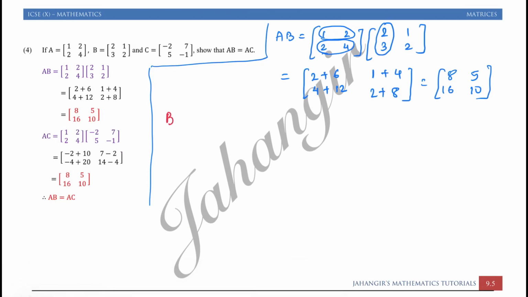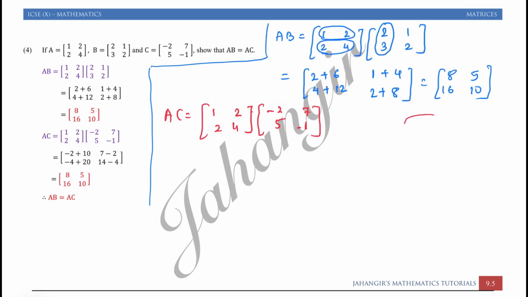Now we will write AC. AB is done. Now AC. So A matrix is first 1, 2, 2, 4 and then we have C. C is minus 2, 5, 7, minus 1.